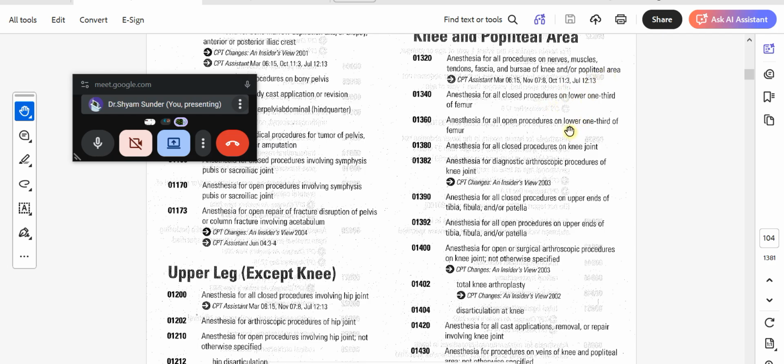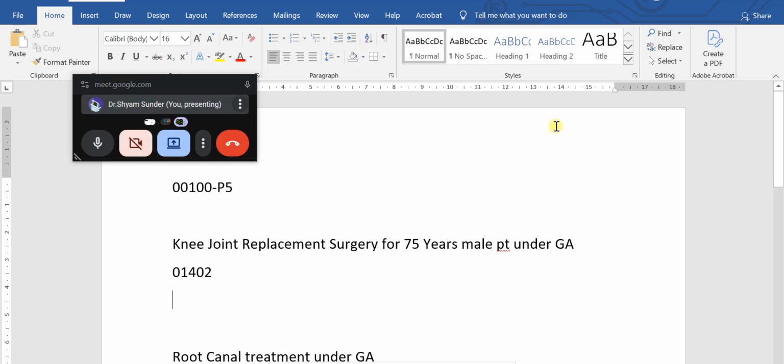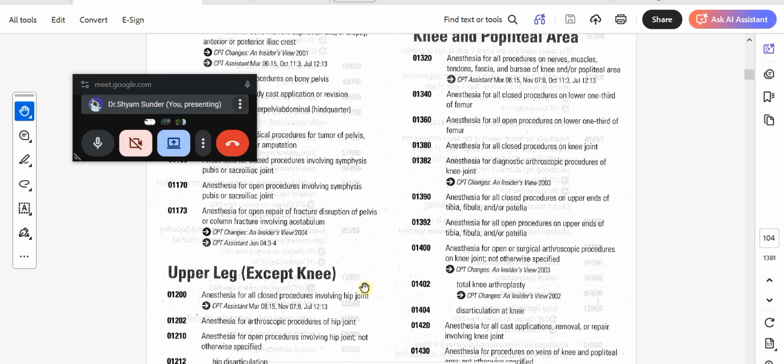All right. So this is a code for knee joint replacement. And of course, as I said, you'll give that add-on code also. Arthroplasty is joint replacement.